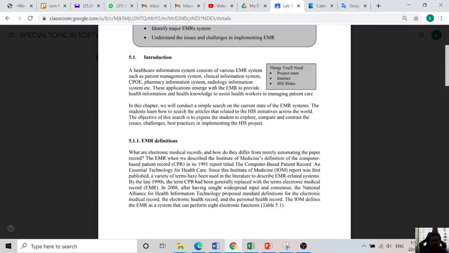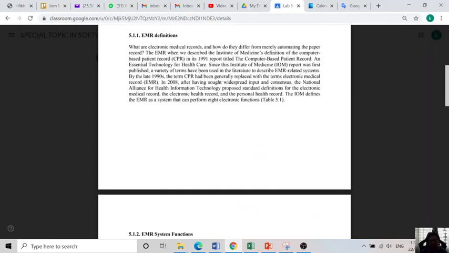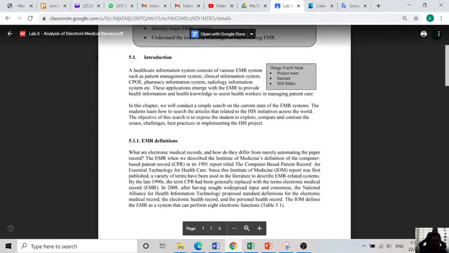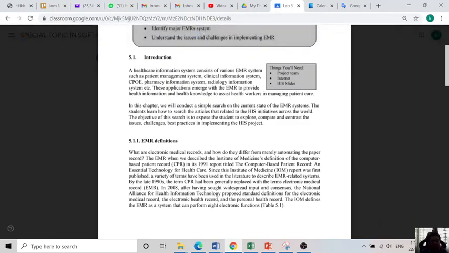So this is an EMR definition. When you read the articles, you can find a lot of definitions of EMR, but hopefully the definition is the same, though maybe the explanation is different.